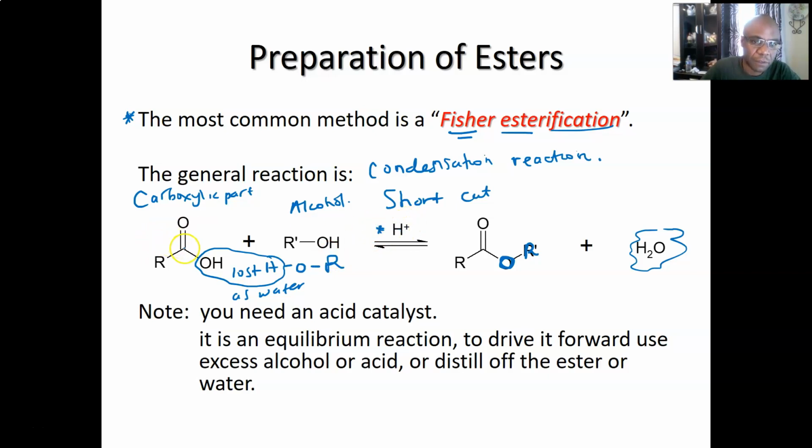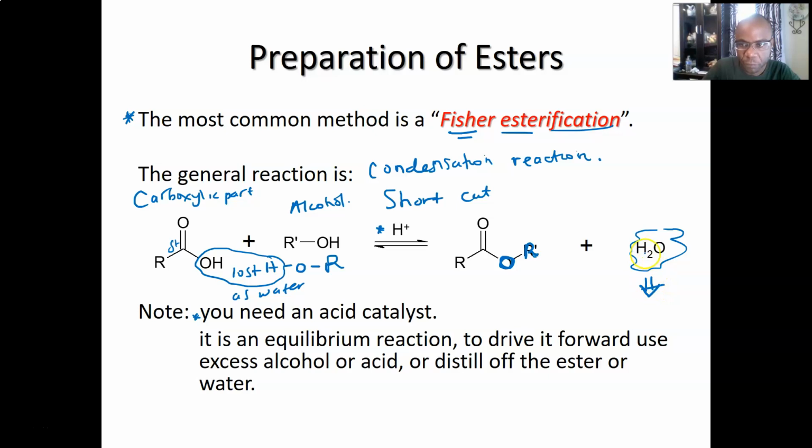But you do need an acid catalyst because carboxylic acids are not as reactive. You need an acid catalyst to drive the reaction forward. And in the lab, we usually find a way to take out this water according to Le Chatelier's principle, which states that when a reaction is subjected to a change, it will counteract, to oppose the change.